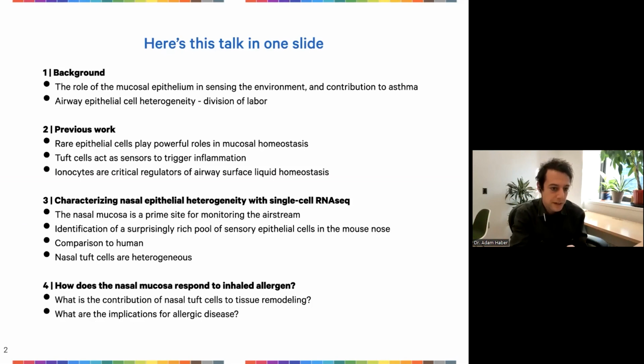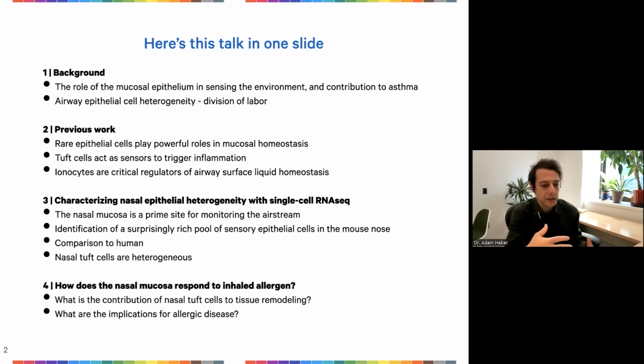Two of these subtypes I'm going to talk about a lot are tuft cells, which can act as sort of alarms or sensors, which sense some threat and then trigger inflammation, trigger immunological cascades, and ionocytes, which were recently described by myself and others starting in 2018, and they play really important roles in regulating airway surface liquid.